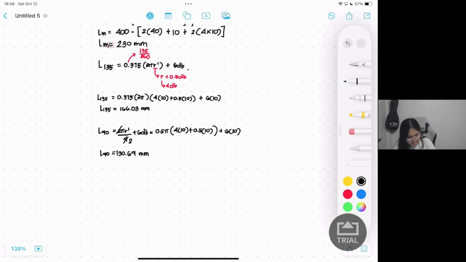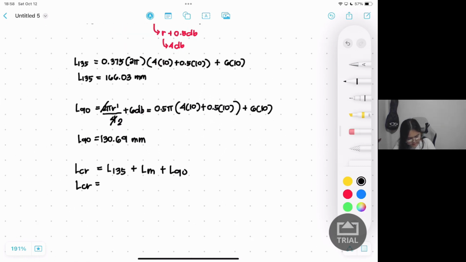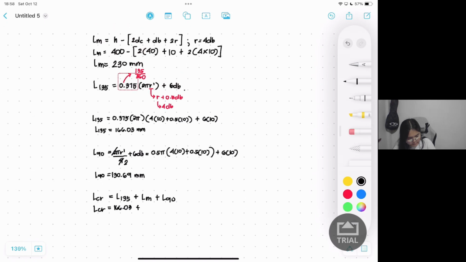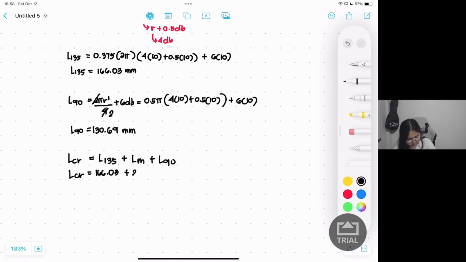Kapag nakuha nyo na yan, pwede nyo nang i-add lahat. So, L135 plus LM plus L90. So, ang L135 natin, 166.03 plus yung LM na 230 plus 130.69. Yan.